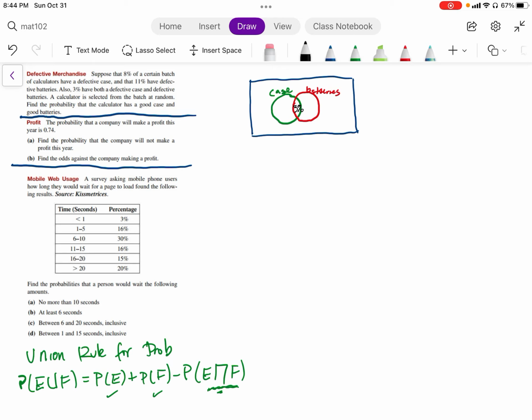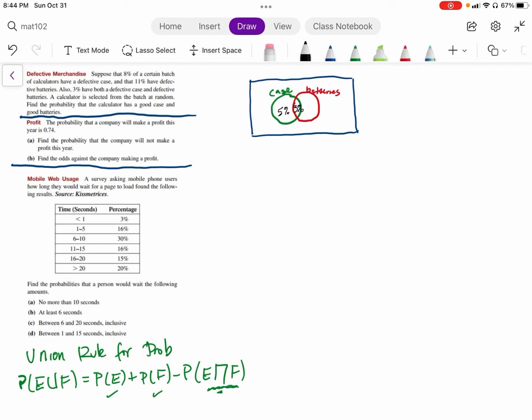All right, so 3% have both. 8% have a defective case. Well, if the 8% counts the 3%, then that leaves this 5% that have a defective case alone, right? But then a total of 8% have a defective case because the 3% is counted, they have defective case and batteries. Likewise, 11% have defective batteries.